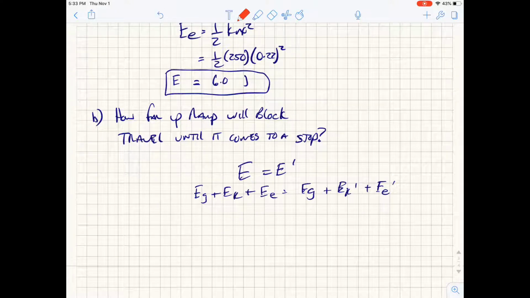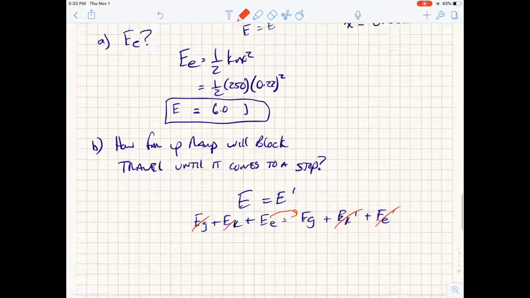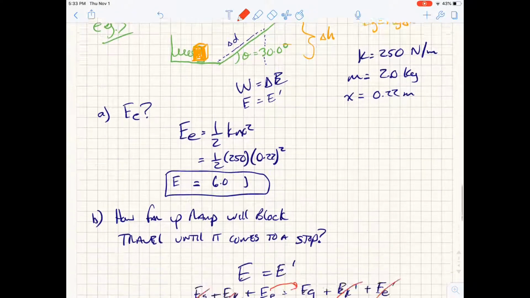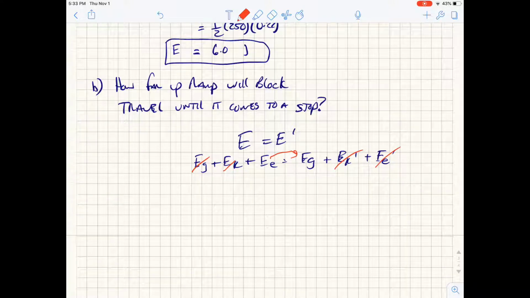When the spring is initially compressed, there is no EG, there's no EK, all we have is EE. We want to stop the model at the point when the velocity is 0 up the ramp, where all the elastic potential energy is being dumped into the bucket of EG, and of course there's no EE. But remember, we're only dealing with the vertical height, so then we're going to have to do some trig to figure out that distance up the ramp.